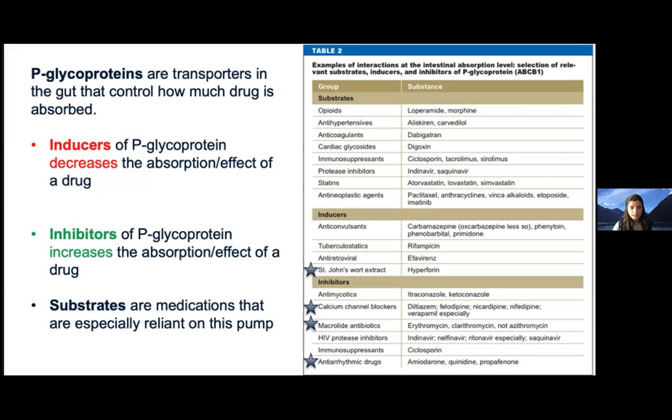So anything that induces P-glycoproteins will increase the activity of the transporter and decrease the absorption of the drug. This will reduce its effectiveness because less drug is going to get into the blood and to the target organs. On the other hand, inhibitors will do the exact opposite.